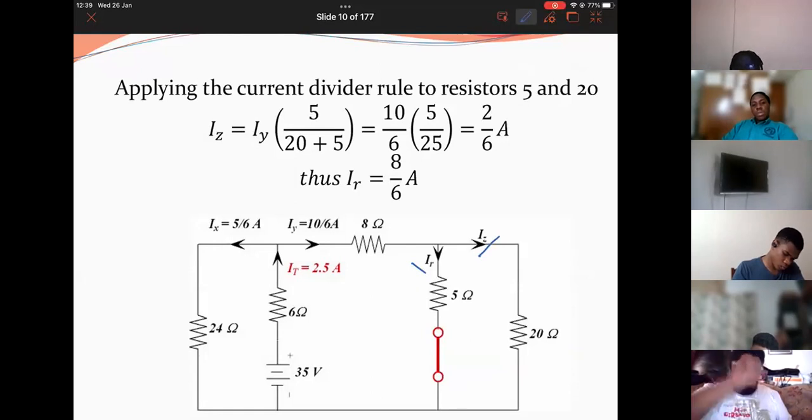So we have IZ to be 2/6 and IR to be 8/6. Any questions? Is there anyone who is unsure about what we just did?